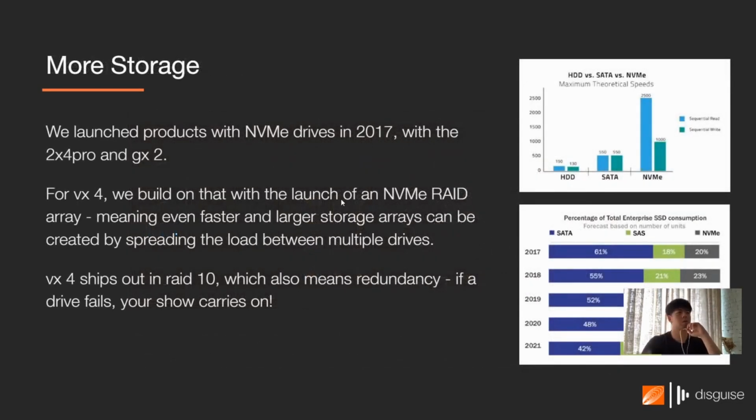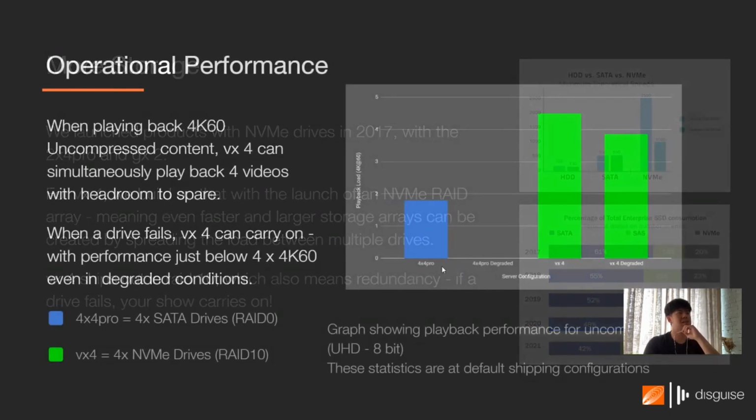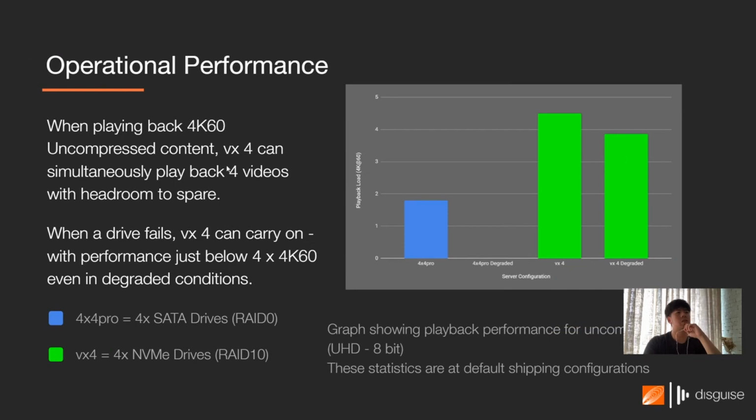Okay, so more storage. So this guy is slowly transiting to NVMe, okay, because of the speed, and you can take more things as well, right? So you can actually look at operation performance. This is a VX4 versus a 4x4 Pro. Okay, so it's using uncompressed 4K 8-bit.